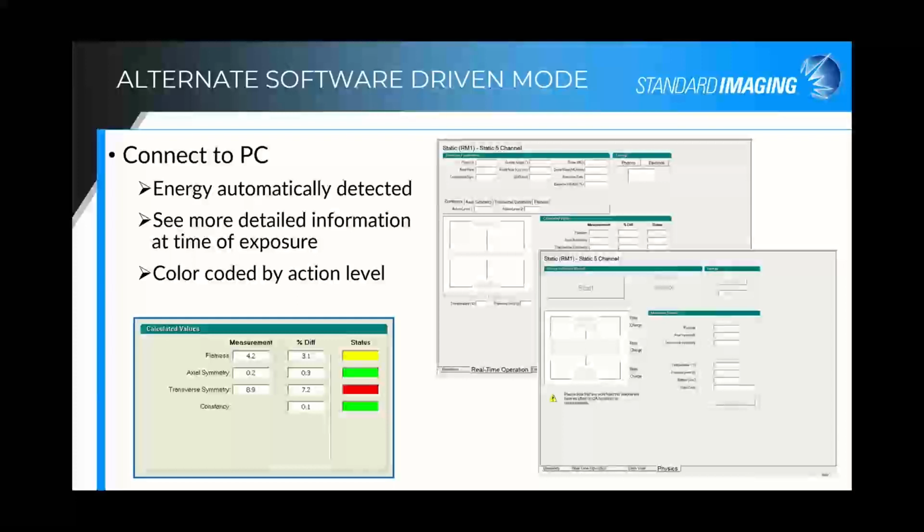That'll give you your flatness, your symmetry, your constancy, and then it'll give you the status bars, either yellow for caution, green for passing, or red for failure. Again, those are thresholds that are set by you.